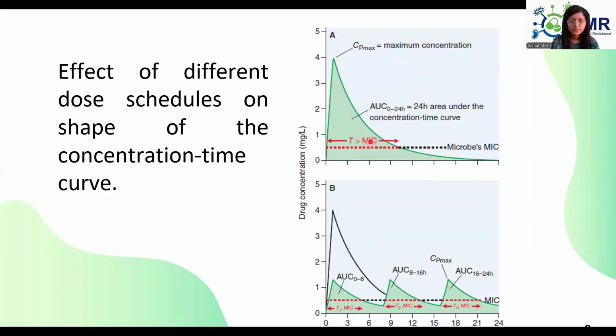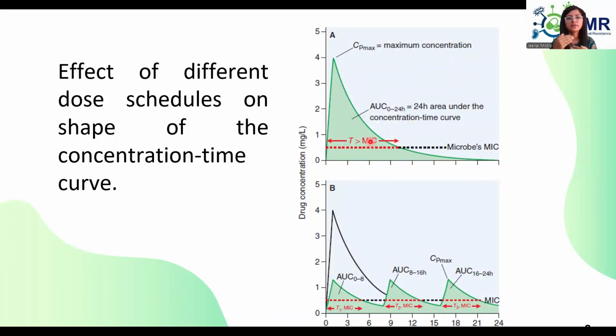So even though the dose is similarly administered to that particular agent, from this graph I conclude that some classes of antimicrobials exert greater antimicrobial effect when their concentration persists above the MIC for a longer duration of the dosing interval, as shown in the graph.